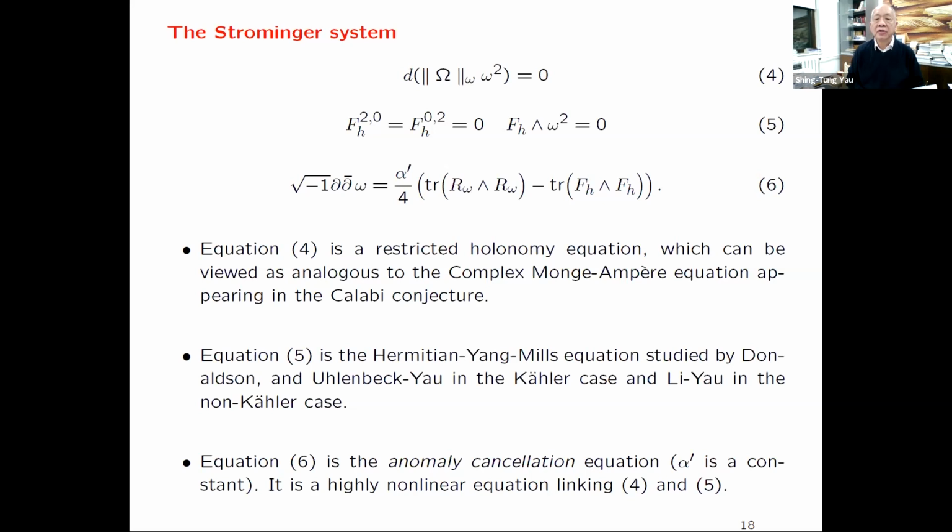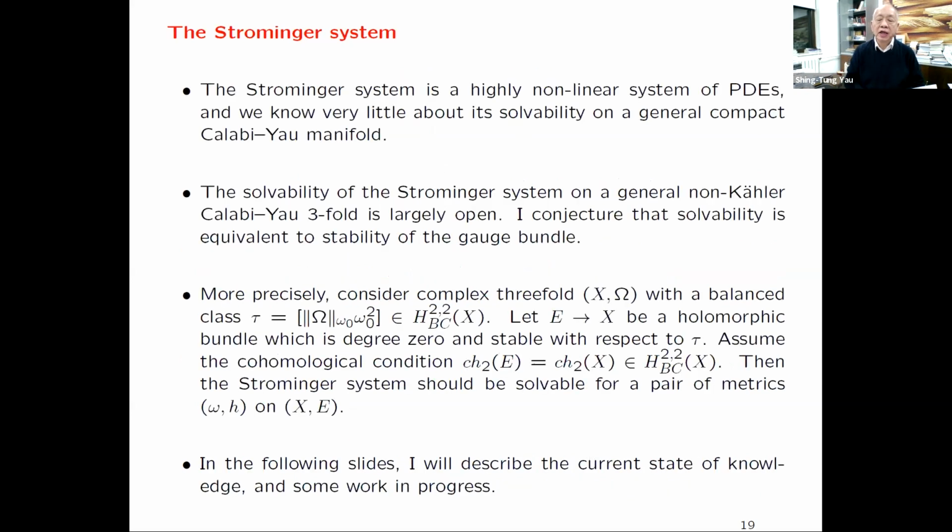In equation 5, we know the first Chern class of the bundle is equal to 0, and the first Chern class of the manifold is 0 because it is a Calabi-Yau manifold. So, we can rewrite this condition to say that it is necessary that the second Chern class of the bundle equals the second Chern class of the manifold.